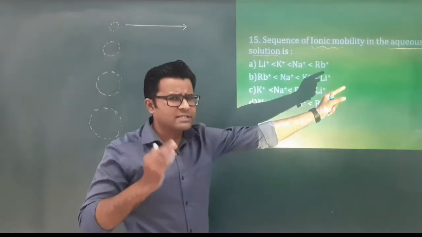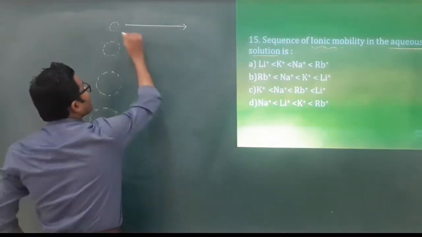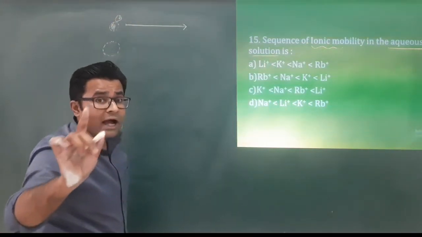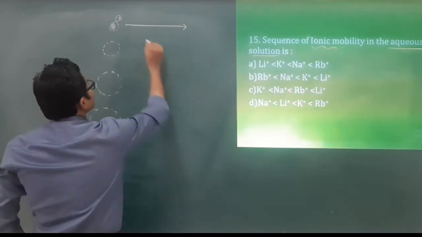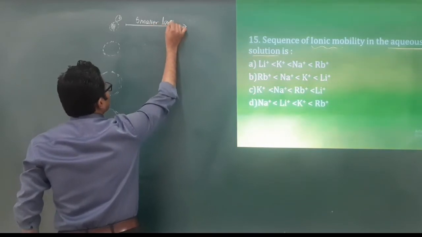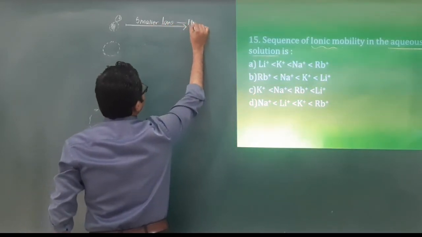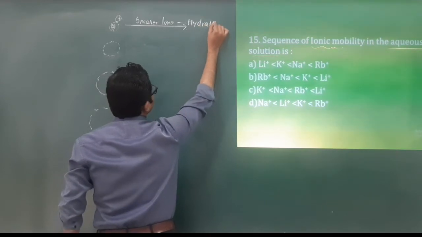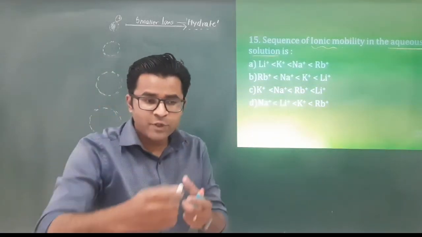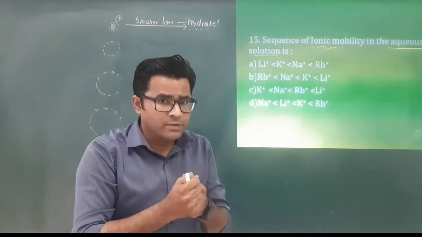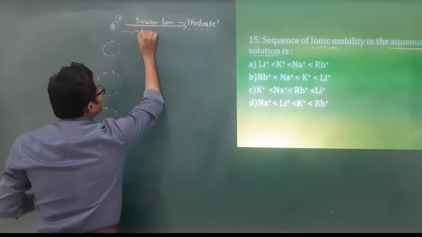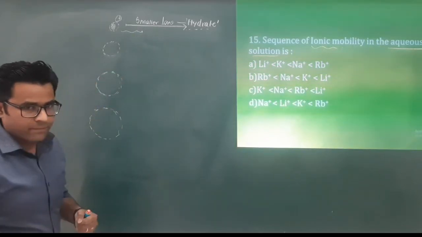So when it is an aqueous medium, the smaller the size of the ion, the better hydrated it is going to be. So smaller ions are going to be highly hydrated. That means it is going to react with water molecules and attach itself to water molecules. When it gets attached to water molecules, the mobility becomes difficult.